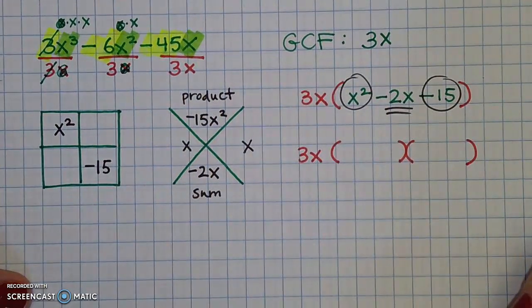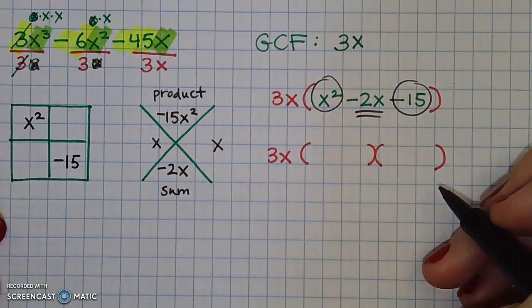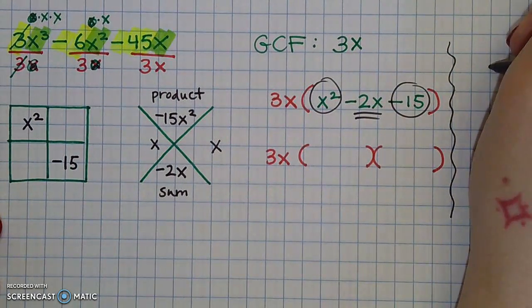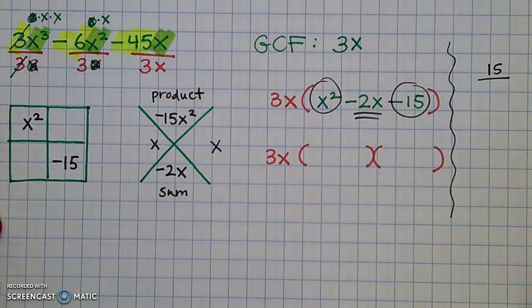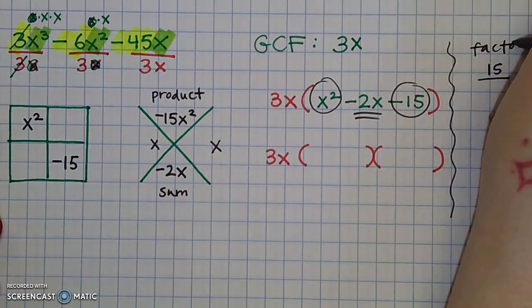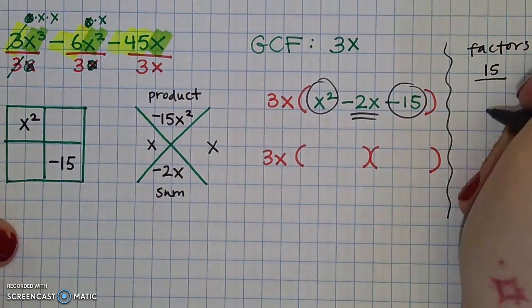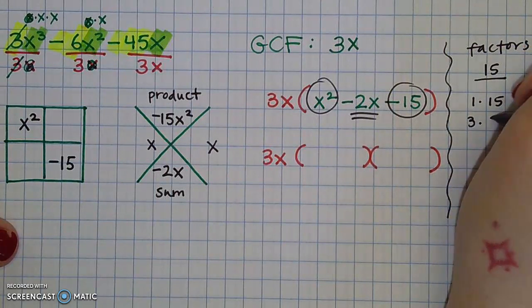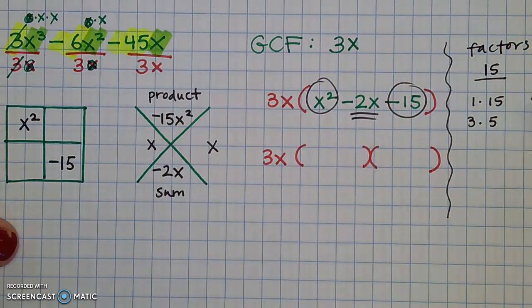For 15, let's see. If you need to set something up just to keep yourself organized, we can make some factors for 15. So I know 15 is 1 times 15. It's also 3 times 5. So you could list out the factors as a means of organization.